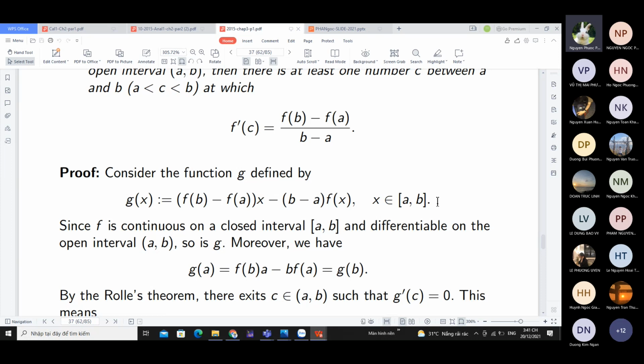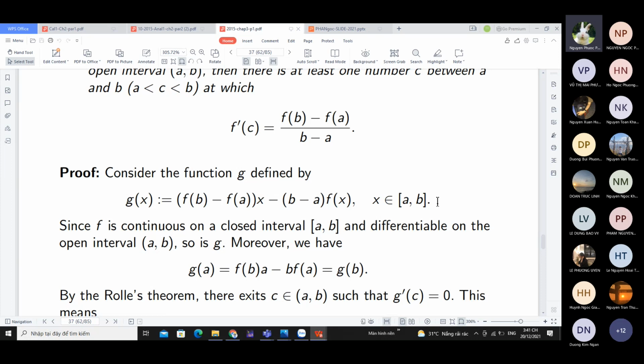I will explain it later. So the function f is continuous on the closed interval [a, b], differentiable on the open interval (a, b).